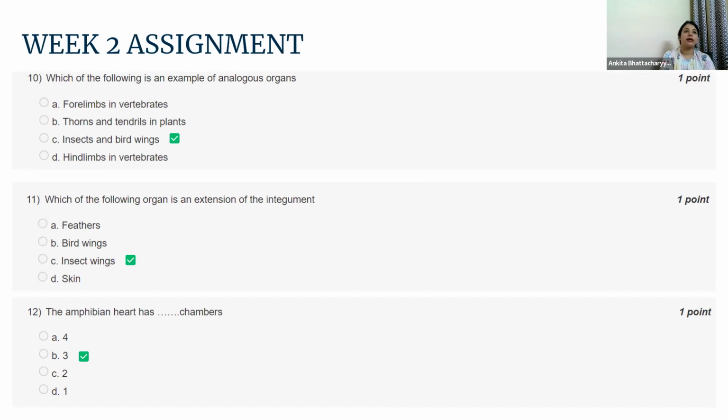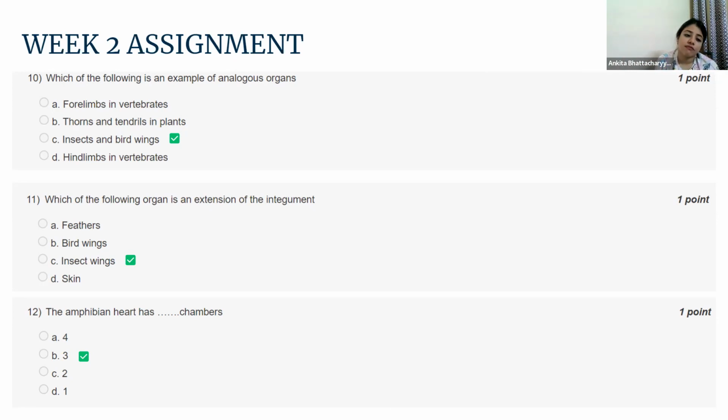When you refer to wings, you would think that insect and bird wings are similar, but in fact they are not. They have different embryonic and developmental origins, but they have evolved to perform kind of similar functions for that particular animal. Then hind limbs in vertebrates are also not an answer.